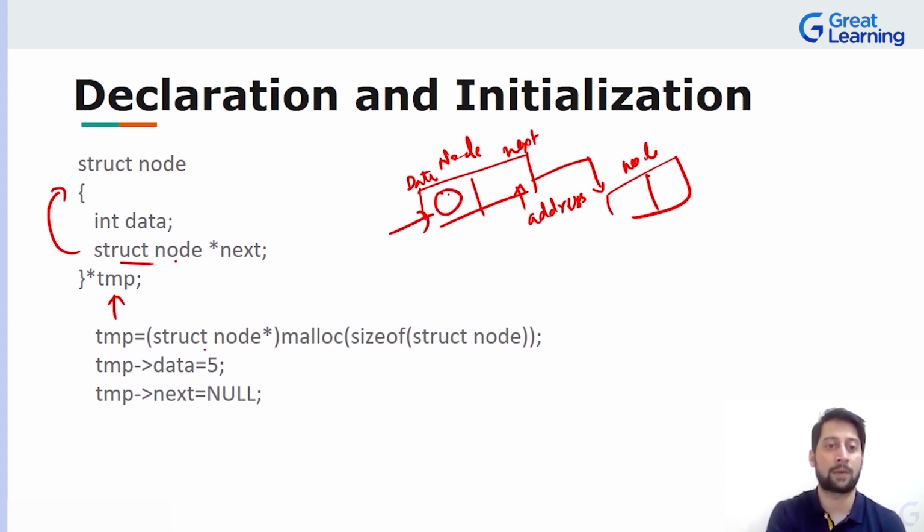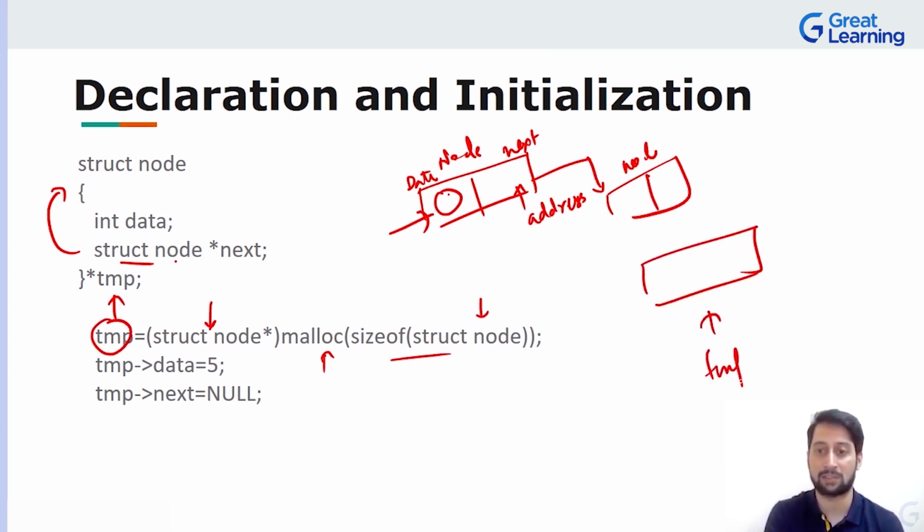Plus we have this temporary variable, which is of type node. We will allocate the memory with the help of the malloc function, calculating the size of the node, that is the structure node. Then we typecast it, and this temp will be pointing to something like this. This will be the node, named temp, and it will have some address, let's suppose 1000, and it will have the data part and the next part.